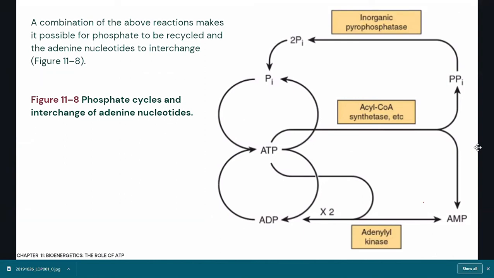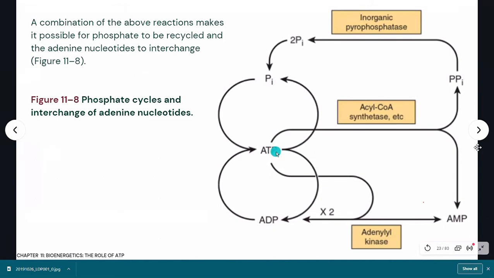A combination of the above reactions makes it possible for phosphate to be recycled and the adenine nucleotides to interchange. You have your acyl-CoA synthetase that produces your fatty acyl-CoA.